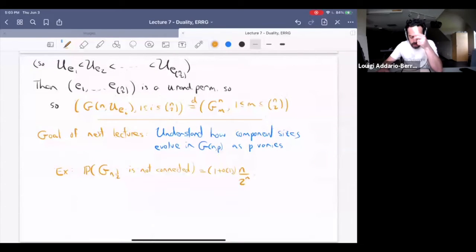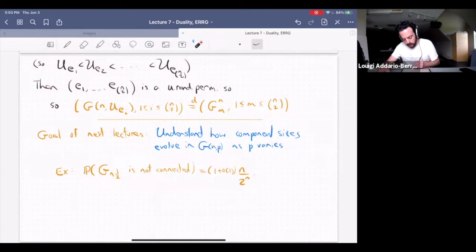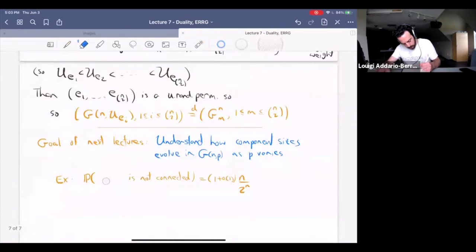So this is effectively saying the most likely way for a uniformly random graph to be disconnected is just to have a single isolated vertex. Okay, but this is in a sense a fact about component sizes, because it tells you that when you take p equals 1/2, with overwhelmingly high probability, you'll just see a single component of size n and no other components in the graph.